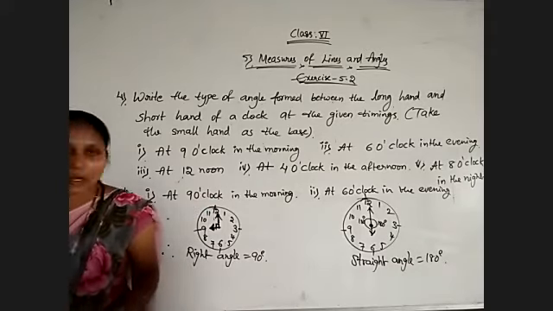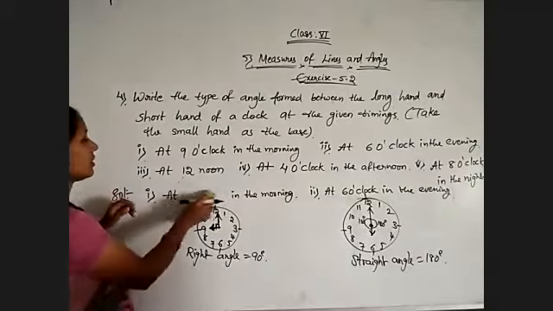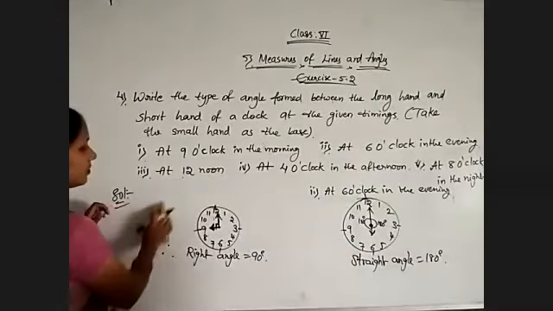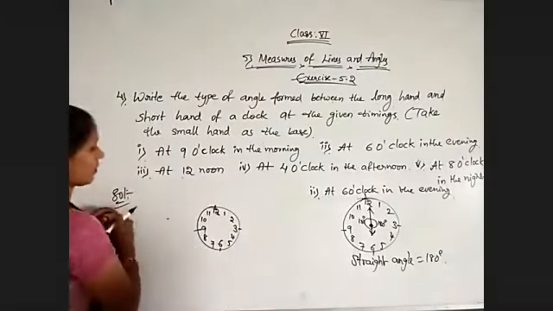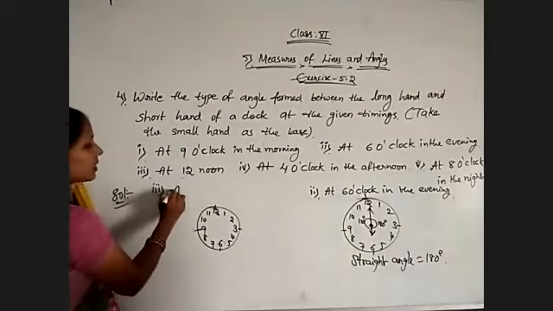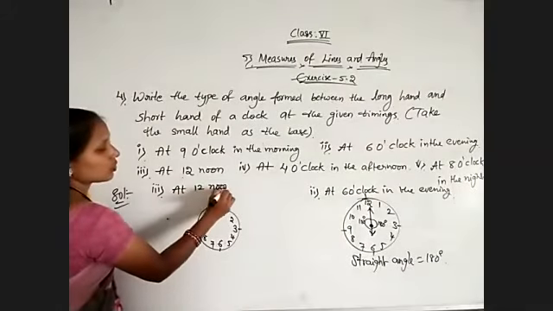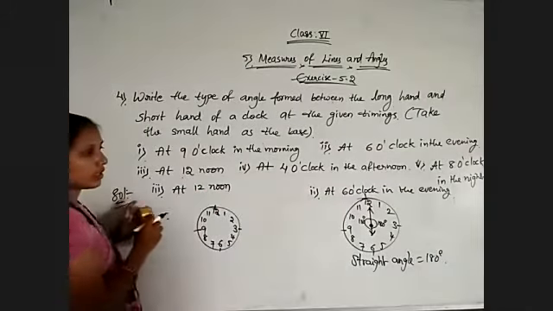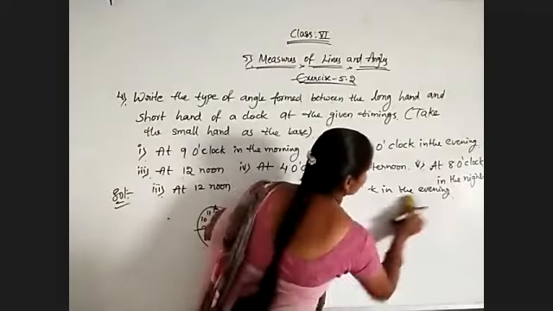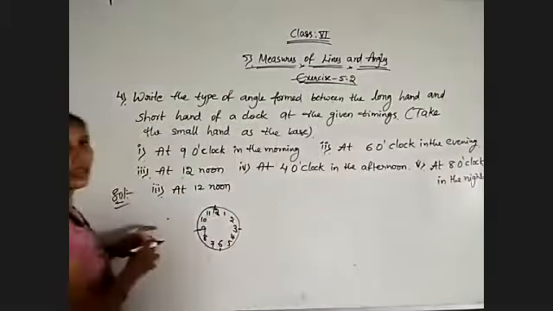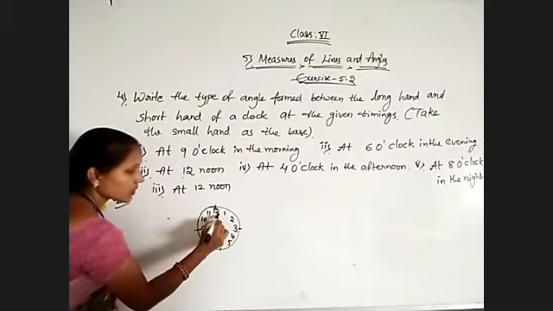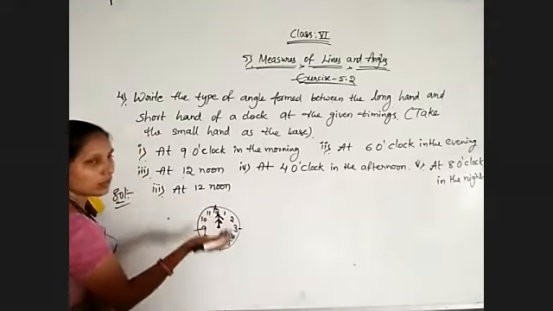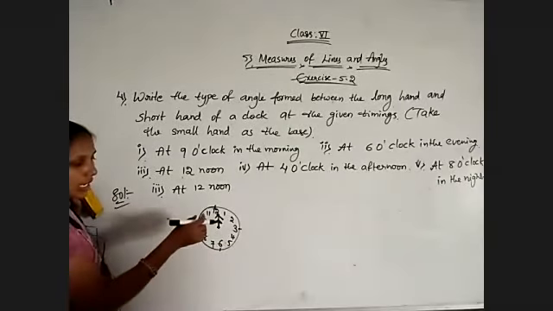Now observe the third problem, at 12 noon. At 12 noon, the hands of the clock, short hand as well as long hand, are both lying at the same place.